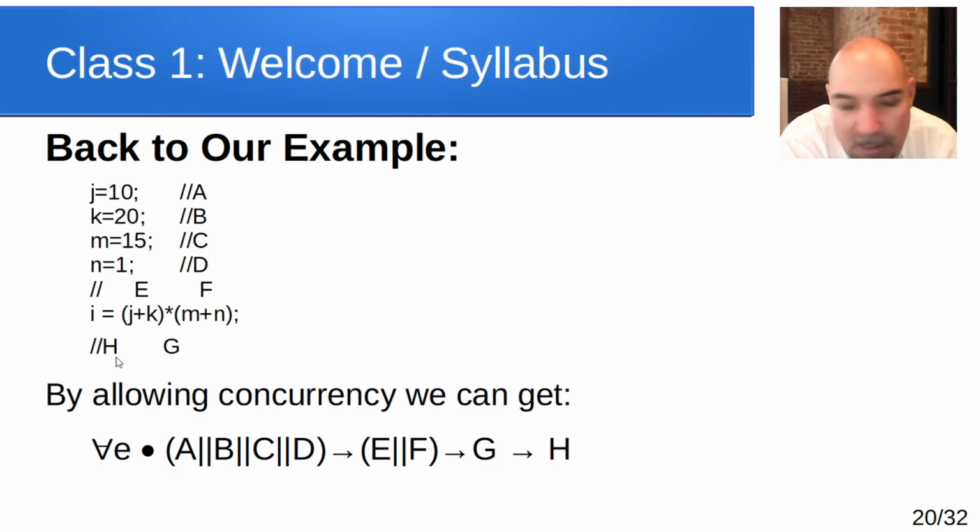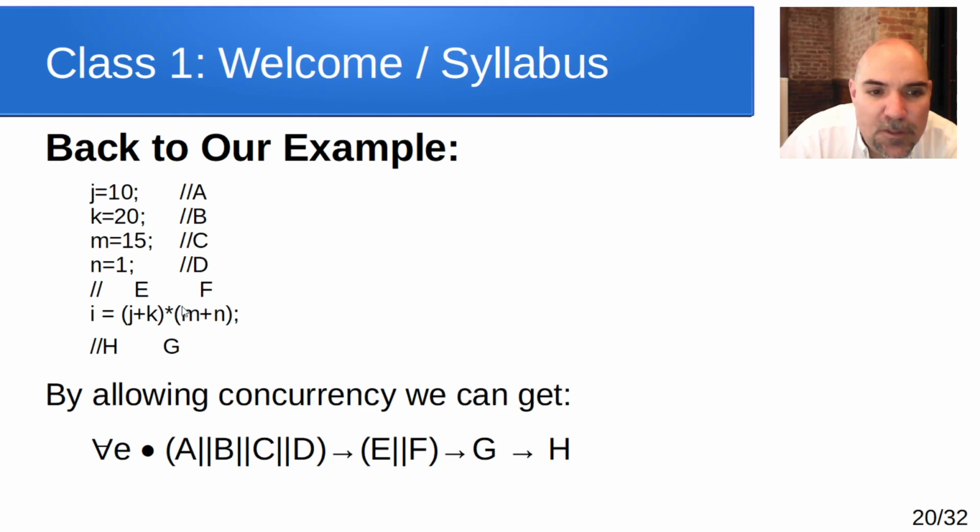By allowing concurrency in this, we can get this, where A, B, C, and D can all happen at the same time or overlap each other because they don't depend on each other, but we have to finish all of those before we can use the values to do E and F. But E could happen at the same time F is happening. So there's E concurrent with F, because these don't depend on each other. They're not using any results from each other.